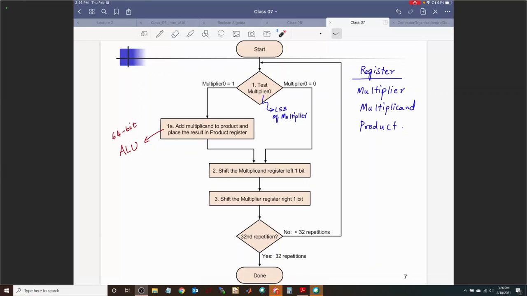I need the multiplicand register to be shifting left, right? So this is accomplished using a shift register. In this case, this shift register is going to be used to store the multiplicand, and it has to have some control to move things left.